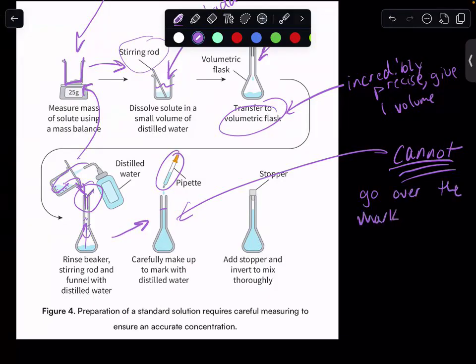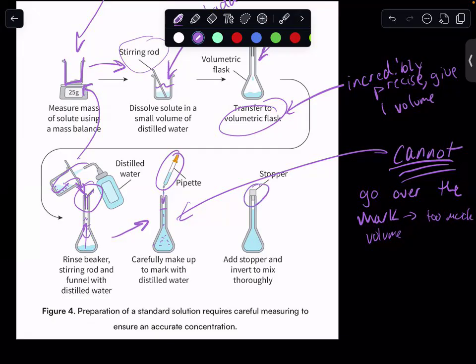If you do, you've added too much liquid, and then your entire equation is wrong because now you have too much volume. And any amount of volume you try and remove will also contain your solute. Therefore, your entire solution will be off. So you must be precise as you fill up to your line.